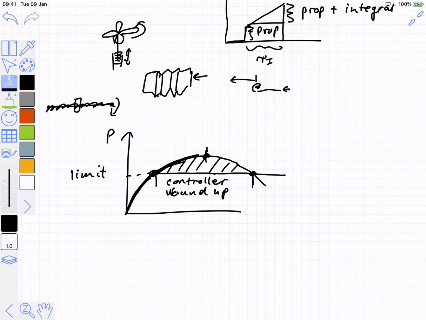But the idea of wind-up isn't limited to controllers. It can also happen to manipulated variables. Anything that has some kind of an integral and a band beyond which there's no further effect. Also recall that wind-up is a non-linear effect, right? So anytime you have stuff like limits like this, it has a non-linear effect because there's this sharp change in the equations that describe the system.